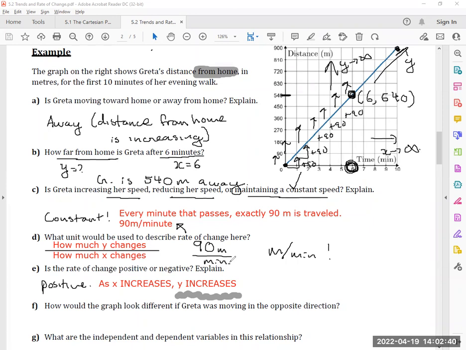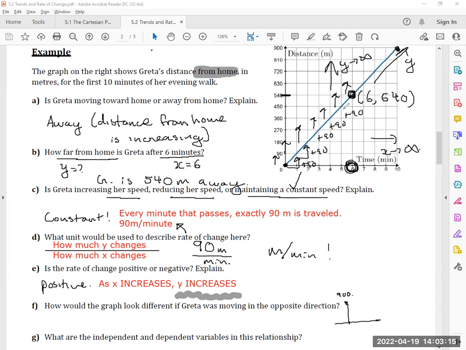Okay, let's finish this. F and G. How would the graph look different if Greta was moving in the opposite direction? In other words, let's pretend Greta was 900 meters away. Again, I'm moving in the opposite direction. It's not a trick question. What if Greta started 90 meters away or 900 meters away, and we're walking in the opposite direction to this?